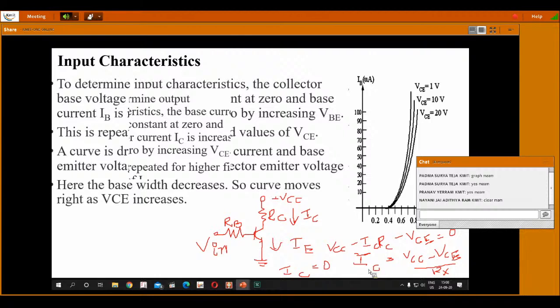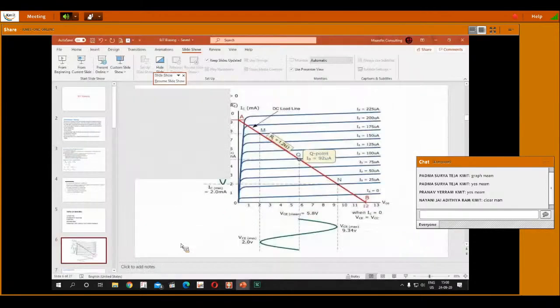Next, the maximum amount of current: if VCE becomes 0, then IC is equal to VCC divided by RC. Based on that, I am taking two nodes here. One will be A and another one will be B.